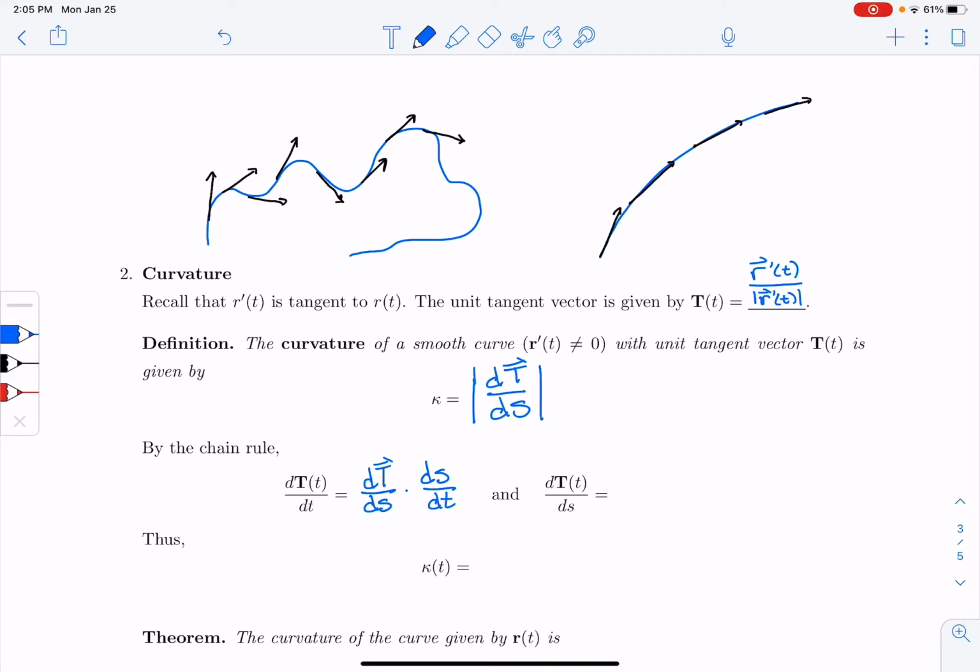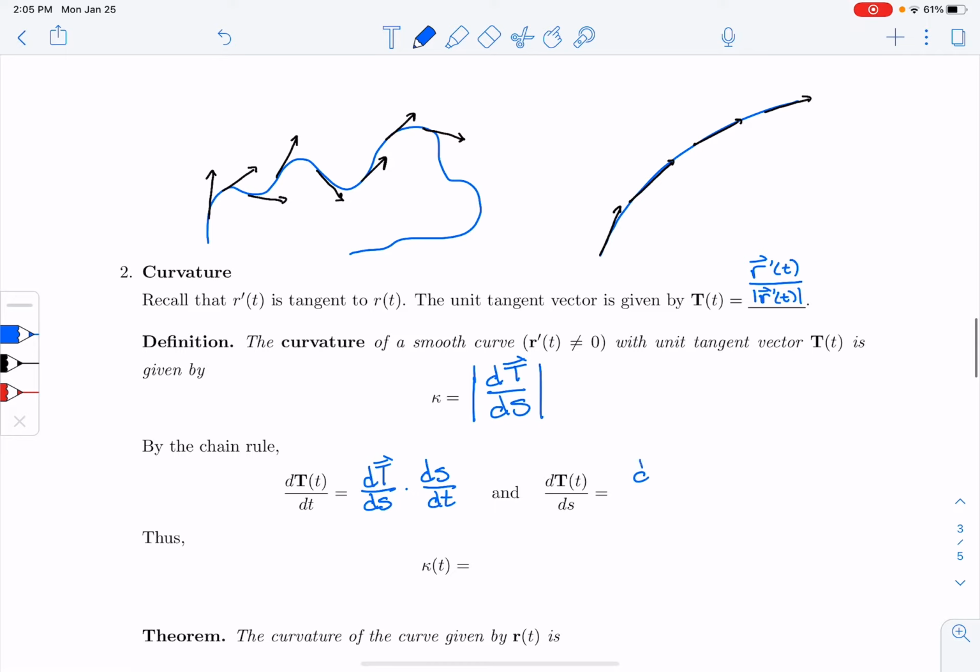We get that dT/ds is going to be dT/dt divided by ds/dt.